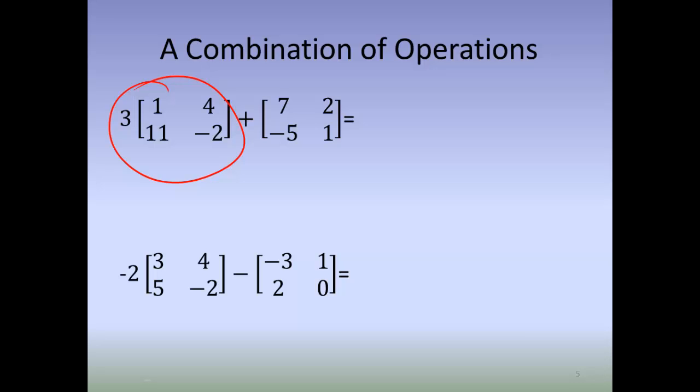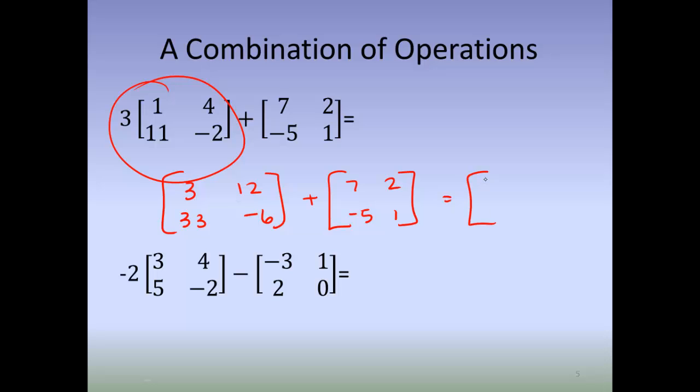And so I'm going to go ahead and distribute, and I will have 3, 12, 33, and -6. I will add the elements of this matrix to the other matrix, and that's making sure we follow the order of operations. For a final result of 10, 14, 28, and -5.